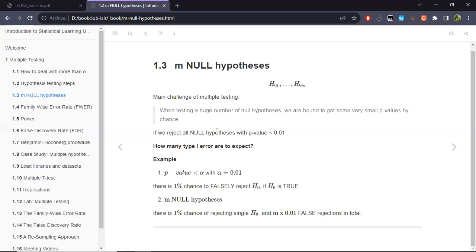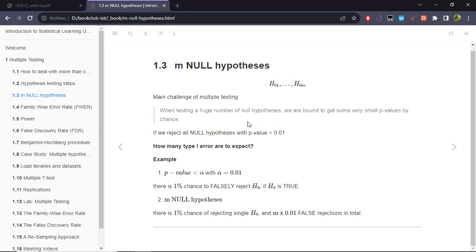So now in the general case of many null hypotheses being tested, the main challenge is as follows. This is a quote from the book. When testing a huge number of null hypotheses, we're bound to get some very small p-values by chance. And that is because, as we know, if you repeat some experiment, perhaps even a simple one like tossing a coin some number of times, many times, then it is pretty much guaranteed that in one of those experiments you get a value that has very low odds.